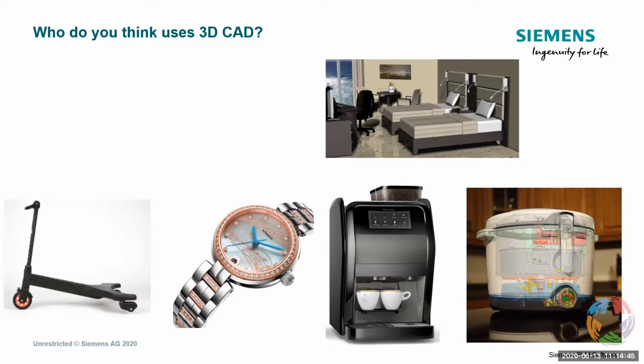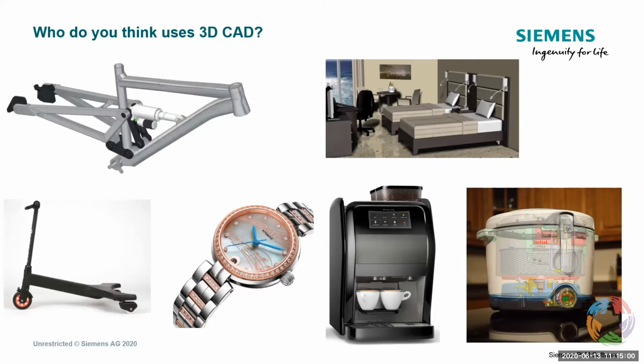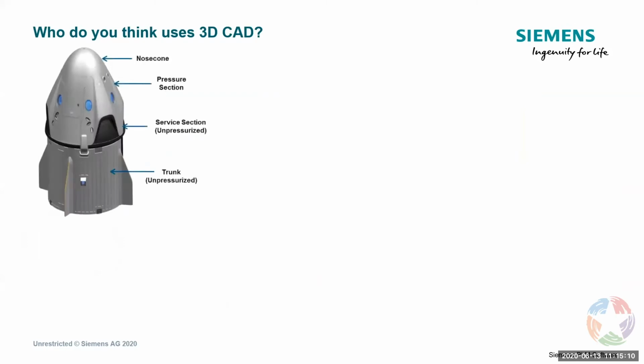And if you're a kid and you've got a Razor scooter, I love the people at Razor. They're one of my customers, and it's fun and interesting to watch them design and come up with different ideas. Or, nowadays when you try to go buy a bicycle, good luck trying to find one. Everybody's riding bicycles. All these types of things that we use on a daily basis, somebody actually designs in 3D.